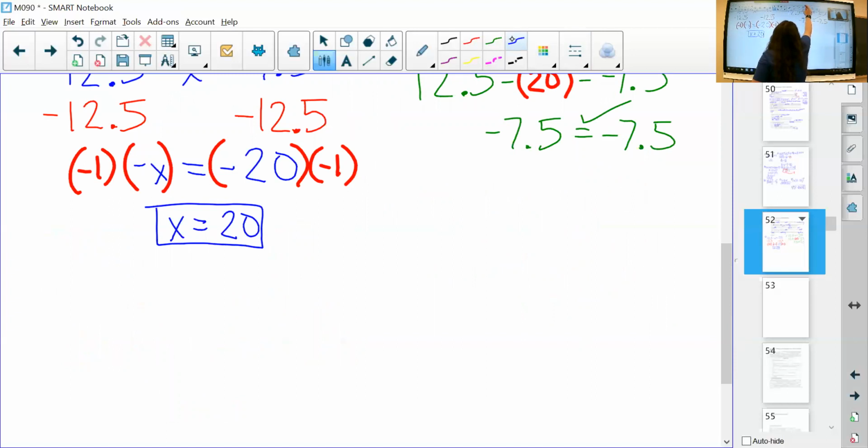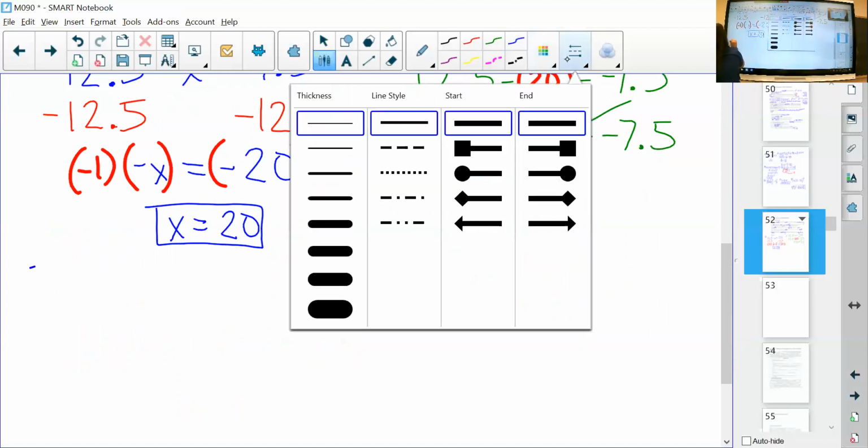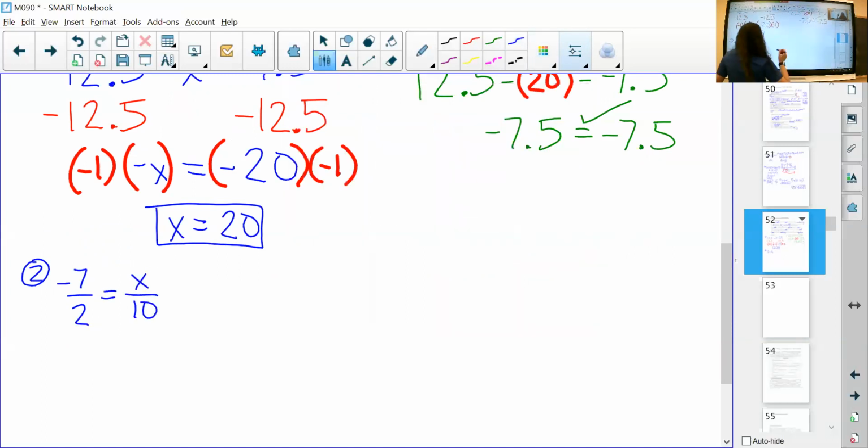Okay, let's take a look at another example. Example 2. Okay, so we have negative 7/2 equals x over 10.